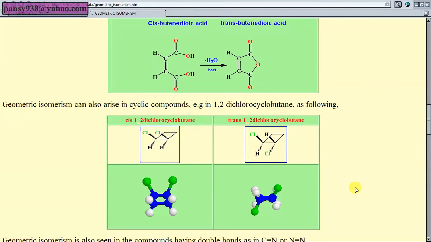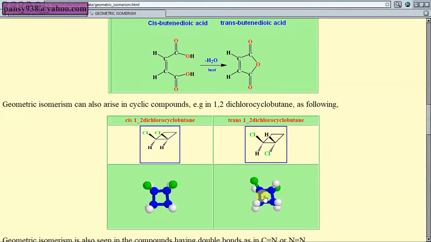The structure of both is different, and there is no double bond. You see, there is no double bond in the molecule. This is a permanent structure, because although there are sigma bonds or single bonds, they are non-rotatable.